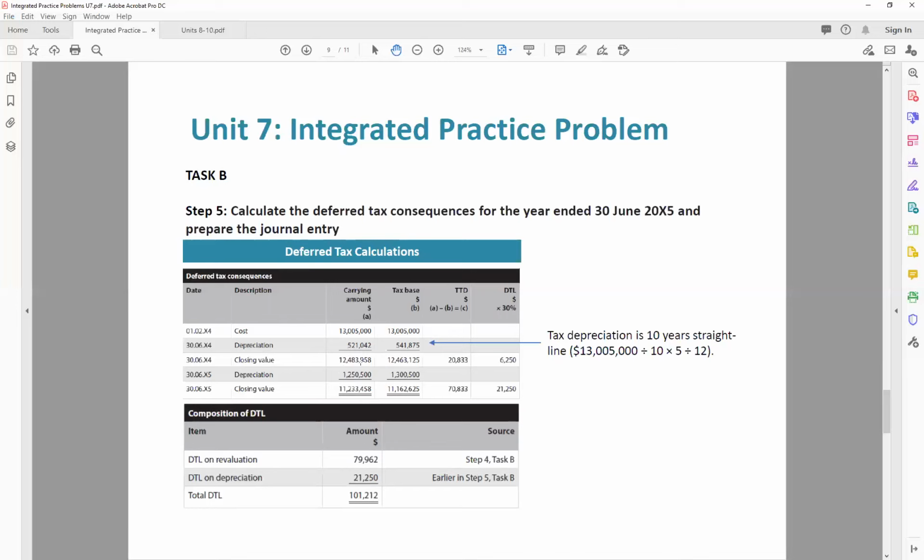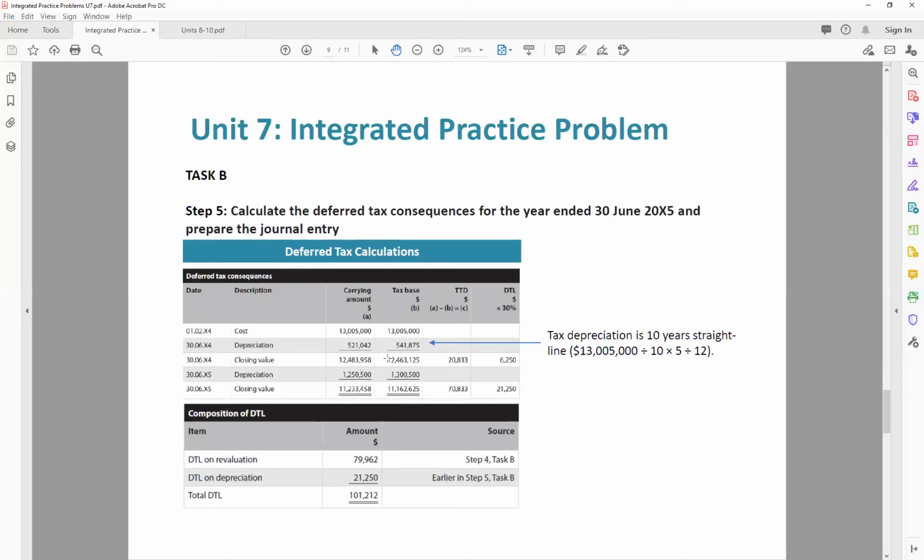Now, we know that in order to recognize tax effects, we need to work out the tax base for the machine. And so alongside the accounting depreciation, we need to work out what the tax depreciation is. From a tax perspective, you can see that the amounts are going to be slightly higher. And the reason why the amounts are higher is that we were told that we don't need to worry about a residual amount for tax purposes.